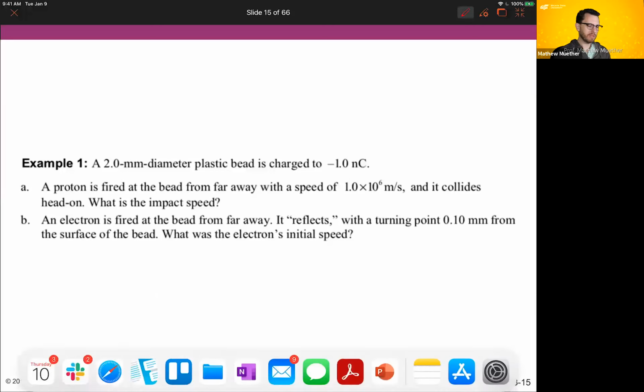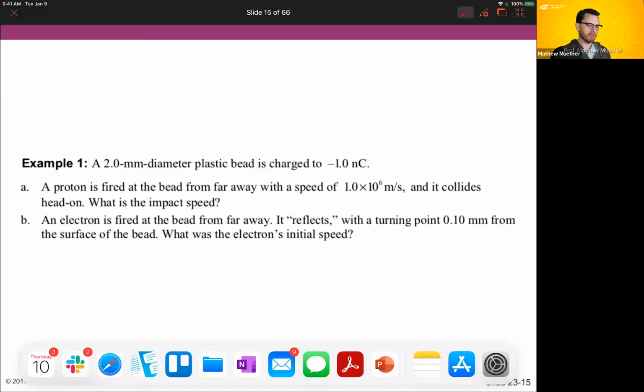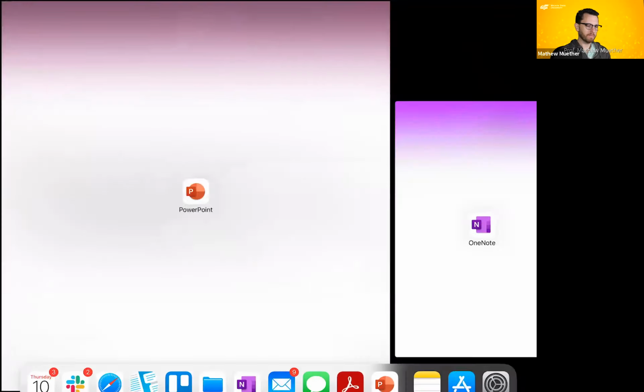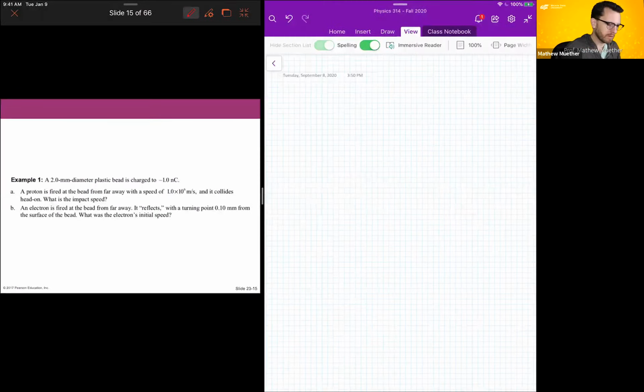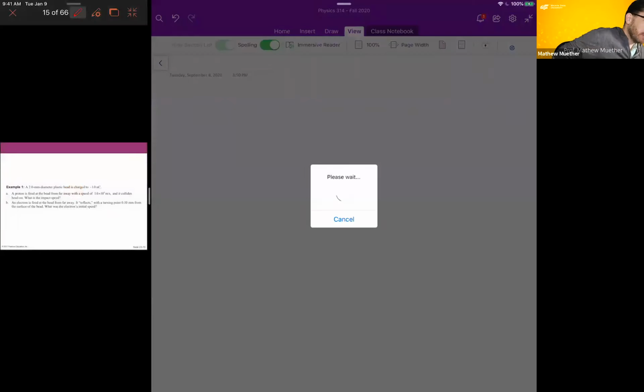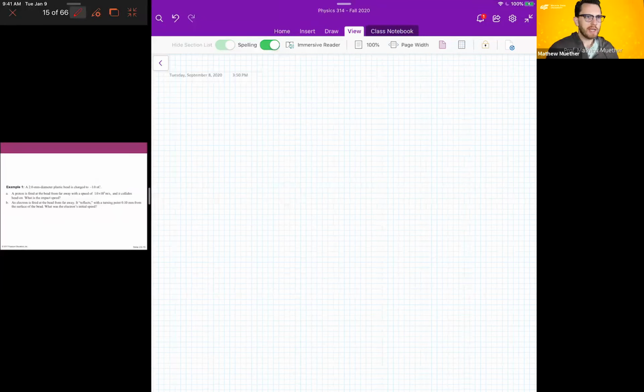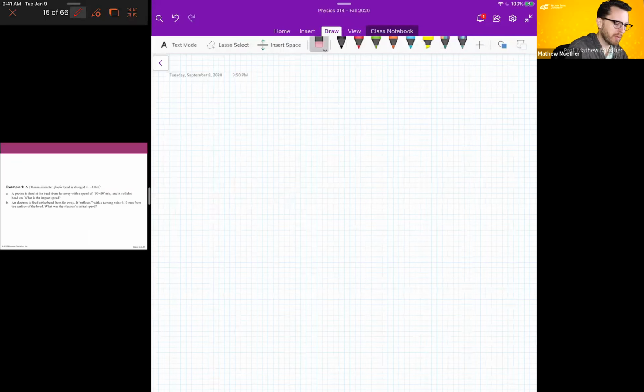So let's work through together how we're going to do problems like this. When we're looking at problems with energies, and also with potentials that we're going to see as we move along, remember that we're only interested in the initial state and the final state. The details of what happened in between shouldn't matter because of energy conservation.